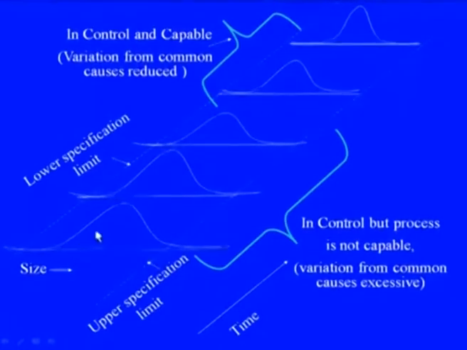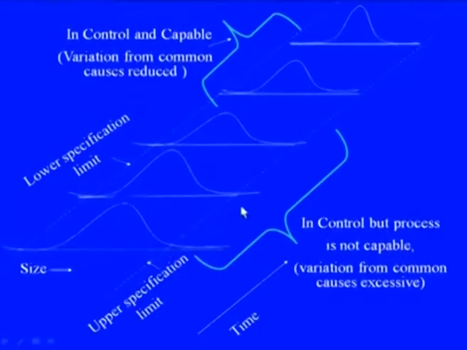This shows the distribution, and if we consider two limits, one is the lower specification limit, in short known as LSL, and the other one is the upper specification limit, in short USL, then we will call the process to be under statistical control if the distribution is completely within these two limits.